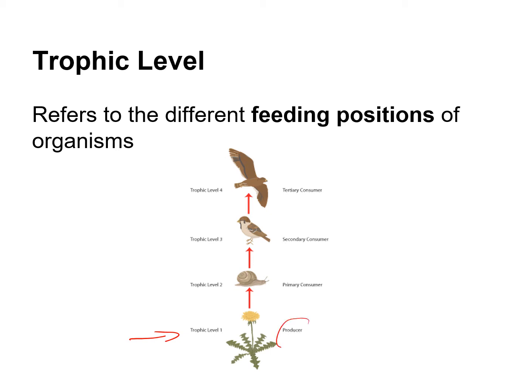It's what's called a producer. Then as you step up to the snail, we're now at trophic level 2. Then we move up to trophic level 3 for the bird, trophic level 4 for the larger bird on top. So the trophic level determines your feeding position in this chain of organisms as they make their way up.